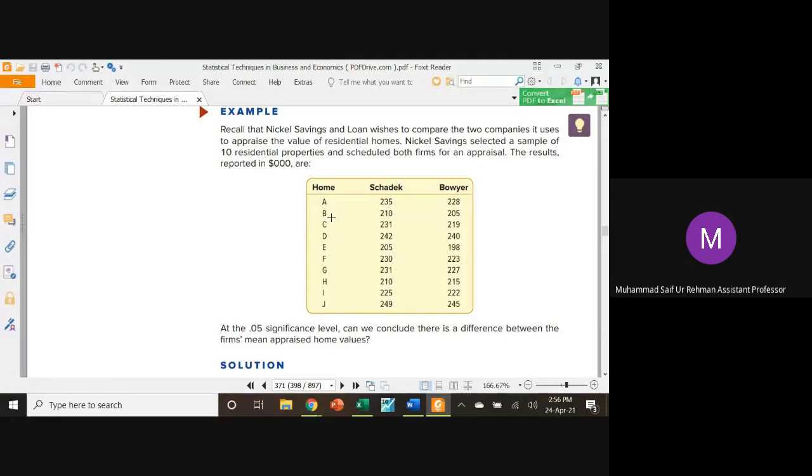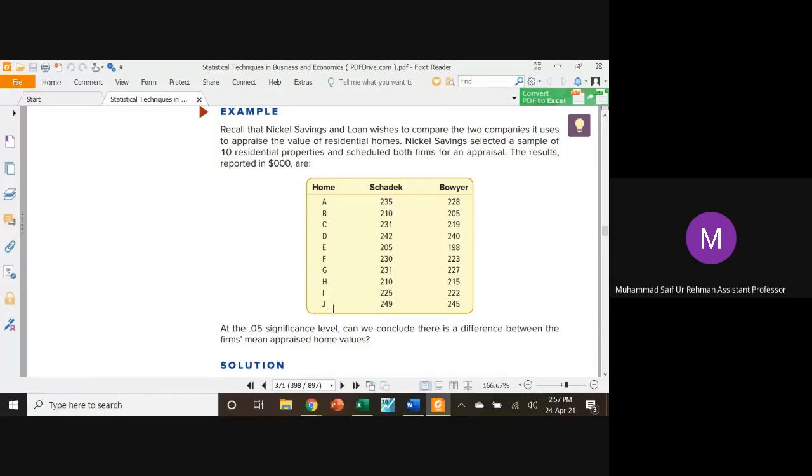If the home is of some other size, let's say 500 square yard, then 1,000 square yard and 800 square yard, like this. B is some other home with some other size. For this, Shaddick has provided this estimate, and Boyer this estimate, like this. So different values for different homes.